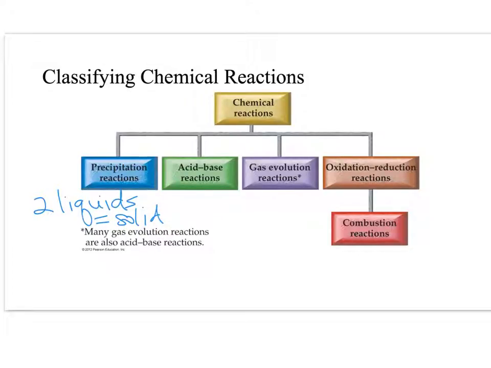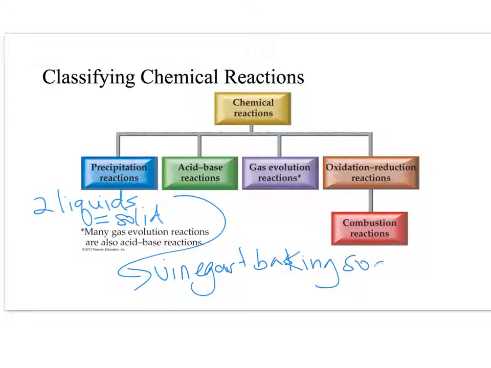The other types of reactions that we're going to be looking at are acid-base reactions, and the classic acid-base reaction is going to be something like vinegar and baking soda. Baking soda is the base and vinegar is the acid, and when they come together they cancel each other out to create water plus a salt.